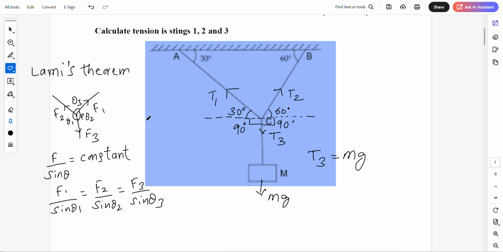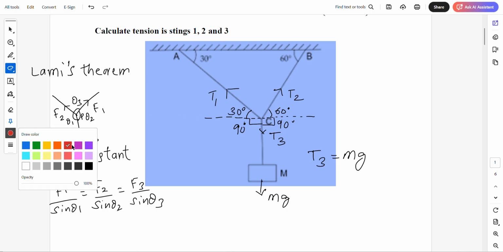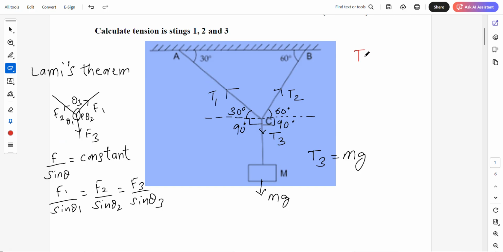This whole angle is how much? Where is theta 1? Theta 1 is here. T1 divided by sine of, how much is this angle? This angle is 90 plus 60, how much? This whole angle is 90 plus 60, which is 150 degree. Sine of 150 degree, that is equal to T2 divided by, where is T2?